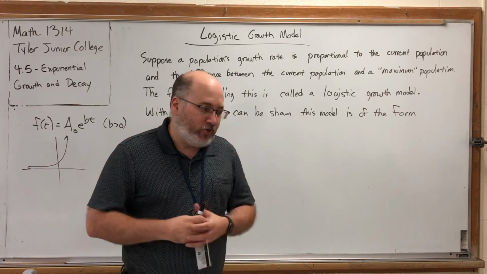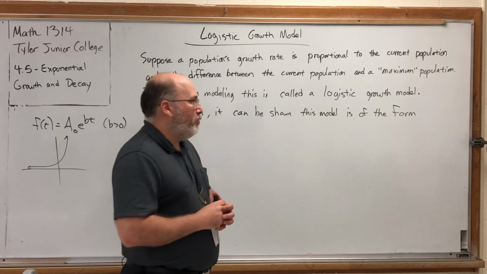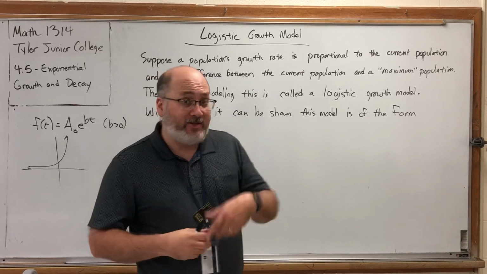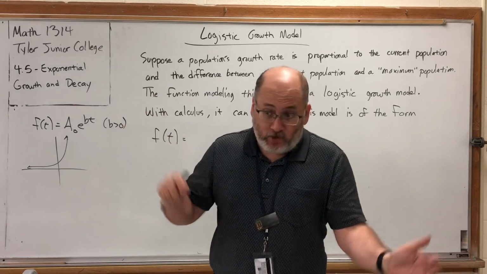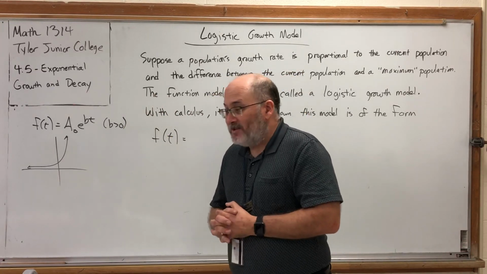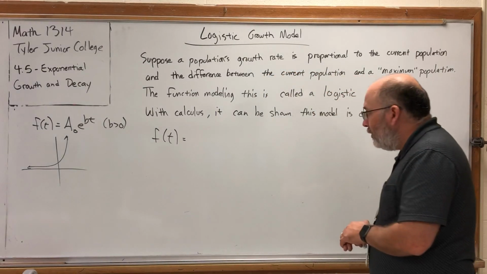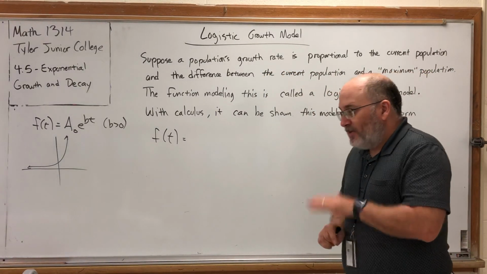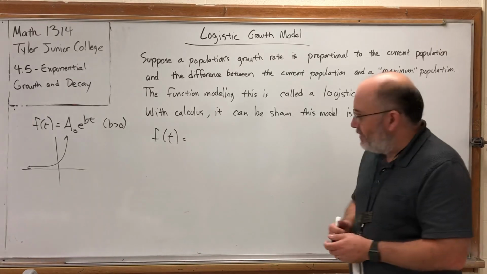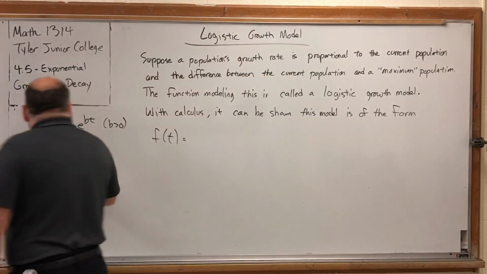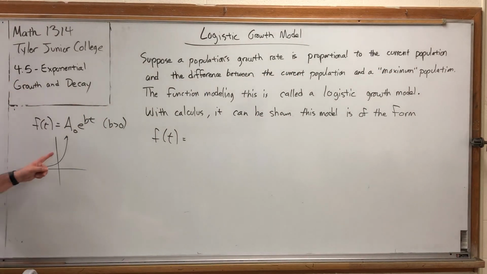Well, radiation doesn't grow, but if it did, there's a limit to the number of radiation molecules that can not only exist on the planet, but in the observable universe. Is the universe infinite? We'll save that for a different class. But assuming that there's a limit to how much anything can grow, then this model, although maybe good in the short term, at some point breaks down and ceases to be reliable.